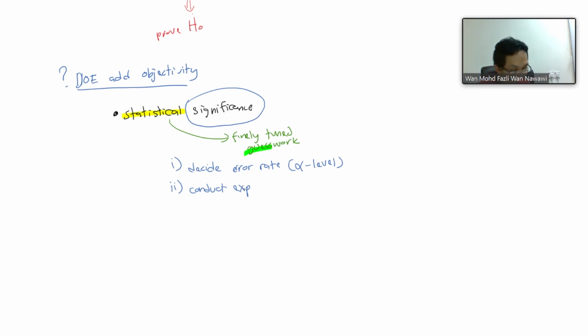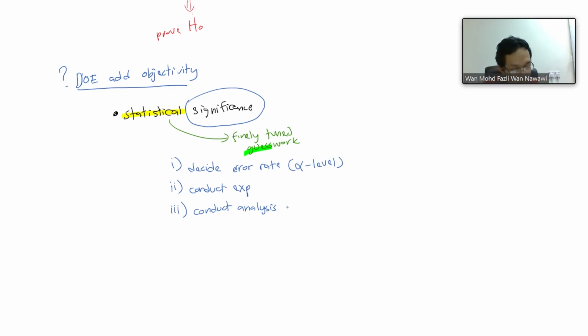Then you conduct the experiment, and you calculate the statistic: you conduct statistical analysis on the data. This is where you piece together your information, like the mean, mode, median, variance and so on.